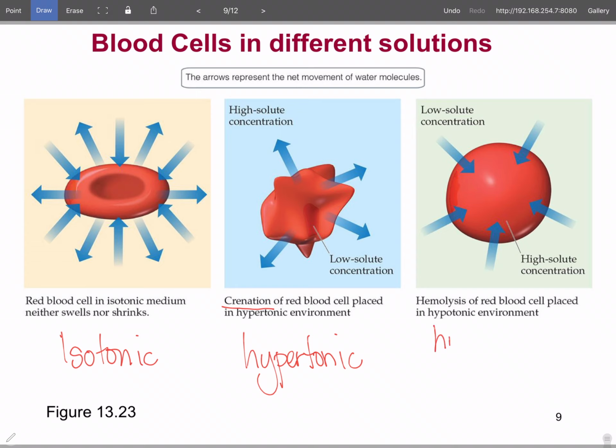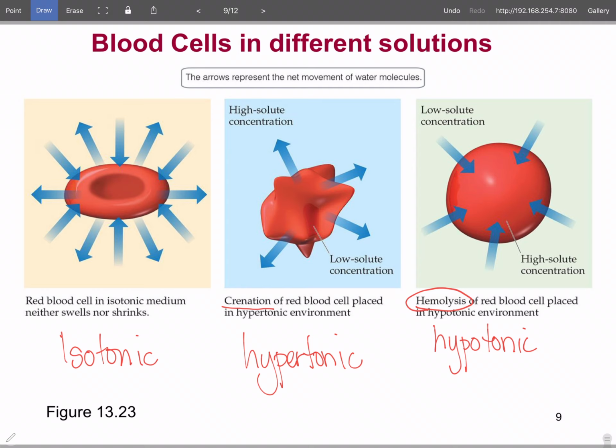And the other case is if you put them in a solution that is hypotonic with respect to the red blood cells, you end up with hemolysis.